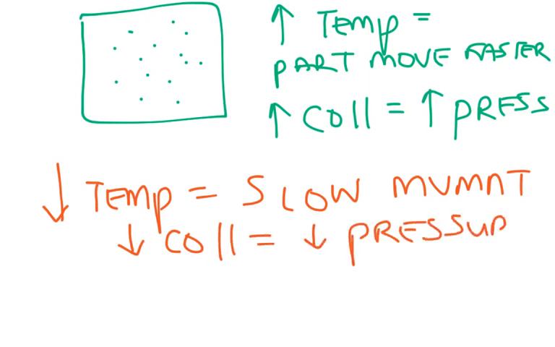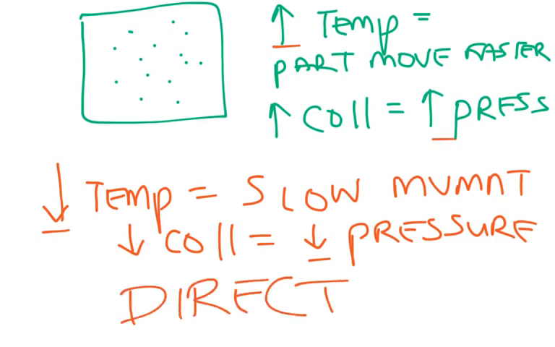So again, when we think direct or inverse relationship, what is this? Well, drop in temperature is a drop in pressure. Raise in temperature is a raise in pressure. This is another direct relationship. So when you're looking at the basics here, what you see is how different things can affect gas behavior.